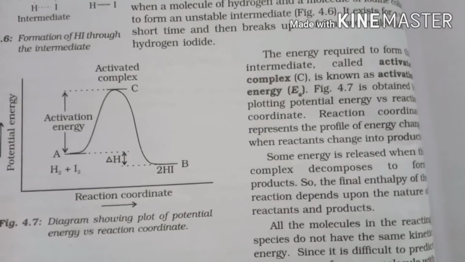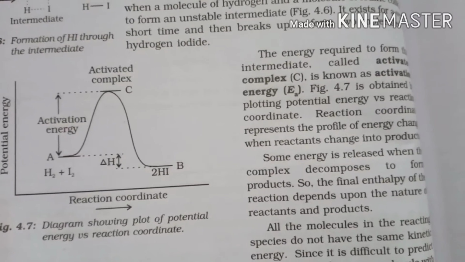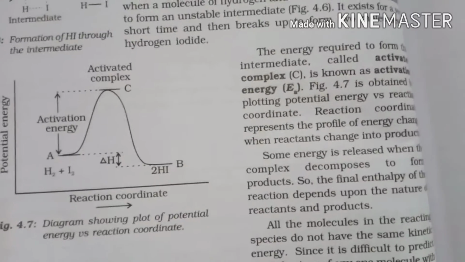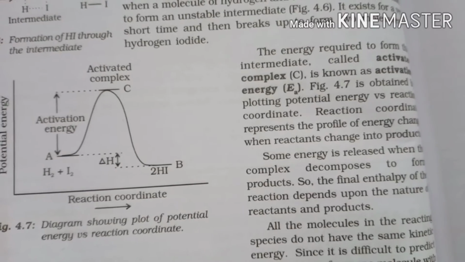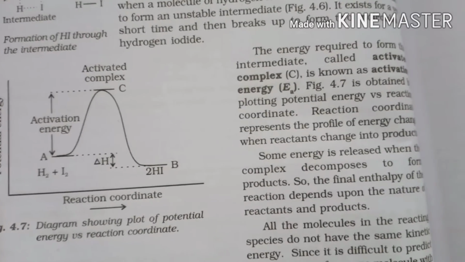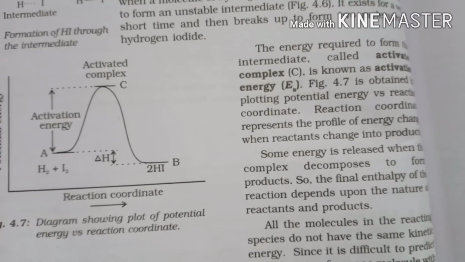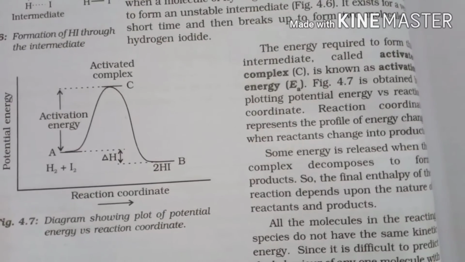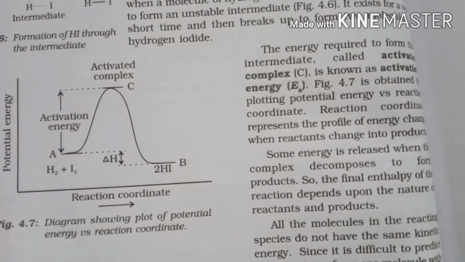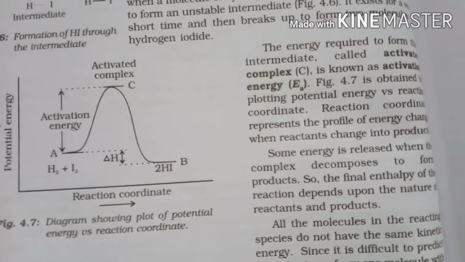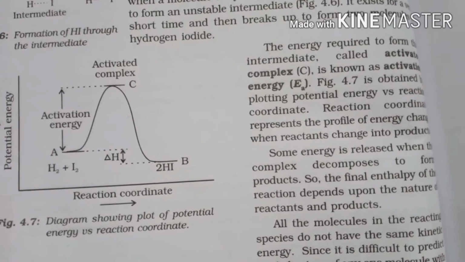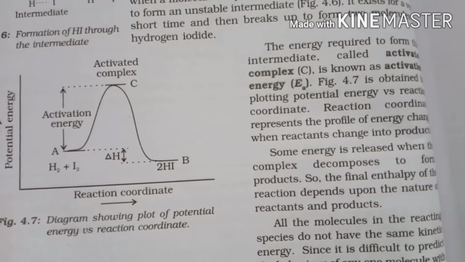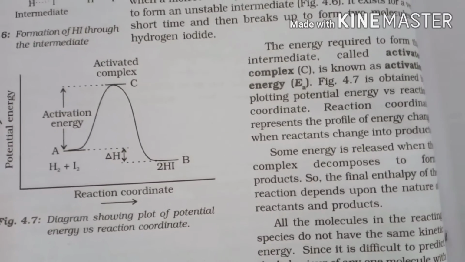That means if the reactants have strong bonds, then more energy will be produced if the product bonds are weak. So it depends on the types of reactants and products formed.